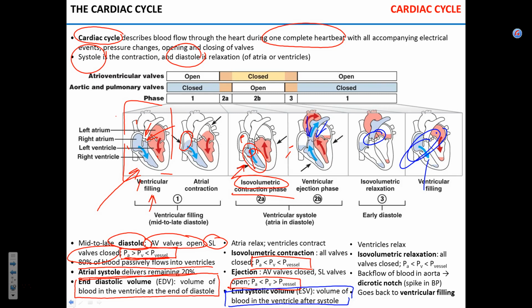By the way, that stage when all valves are closed and muscles of the ventricle and atria continue to relax, this stage is called isovolumetric relaxation, because no blood is coming in or out of the ventricle.